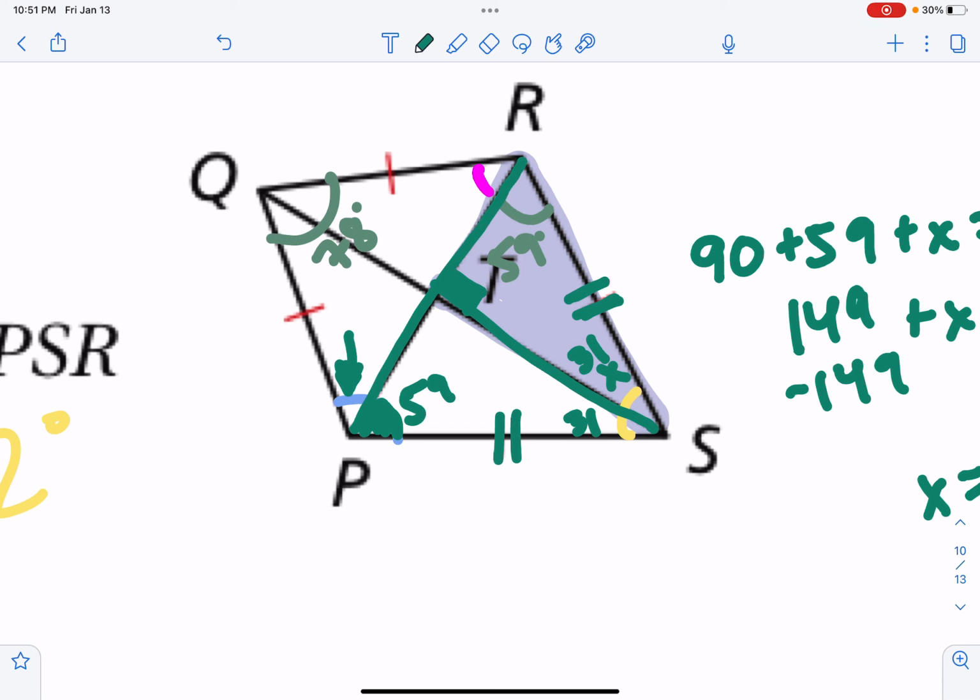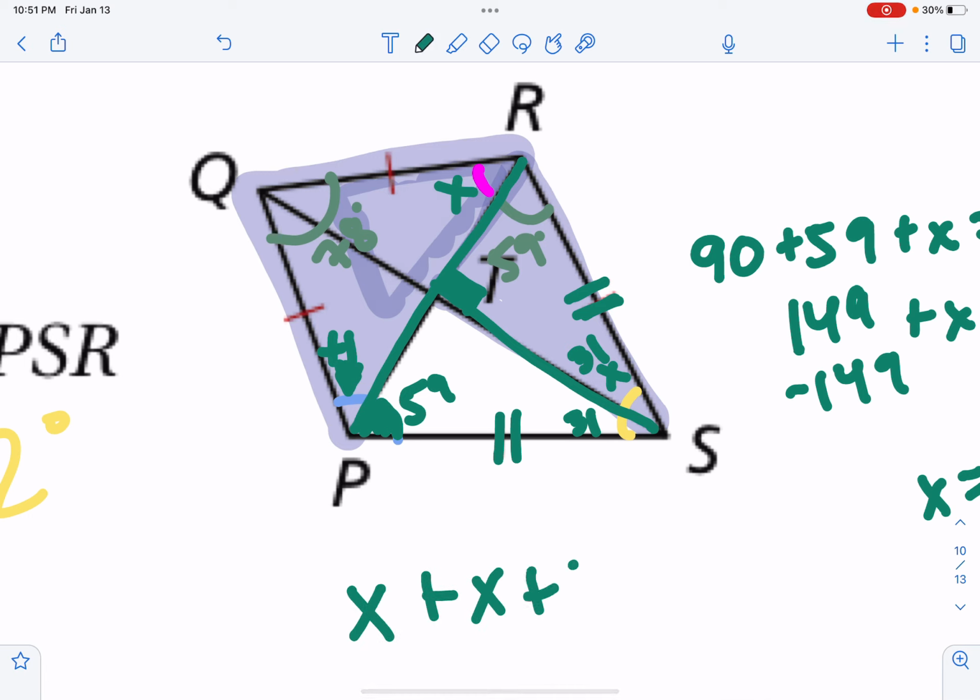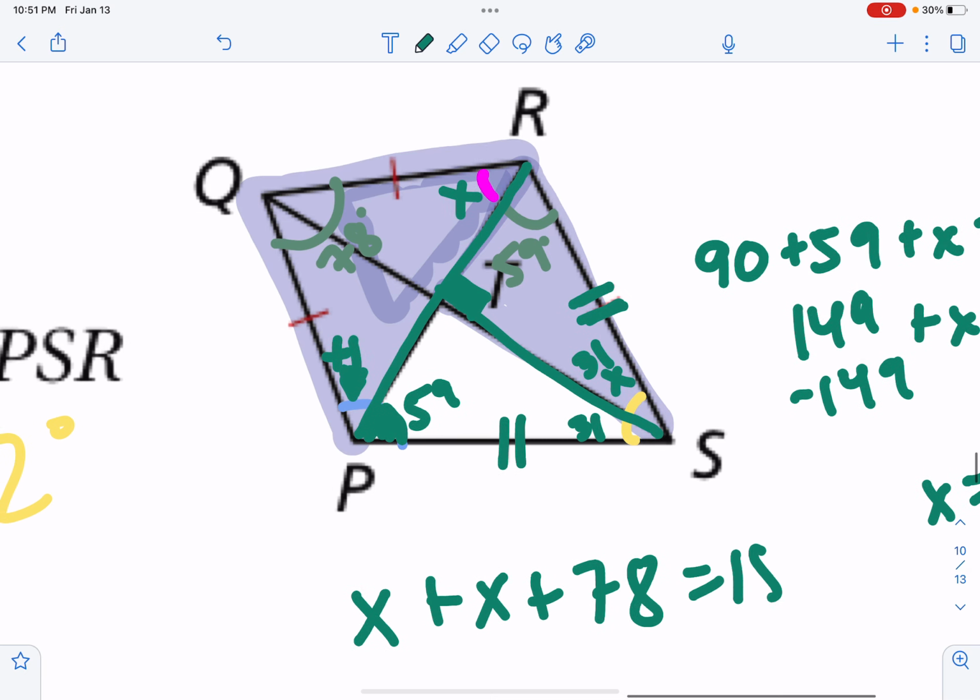But we do know that little piece left of the blue and the pink are going to be exactly the same. So x plus 78, see this big triangle right here? That has to equal 180. So we'll say x plus x plus 78 has to equal 180.